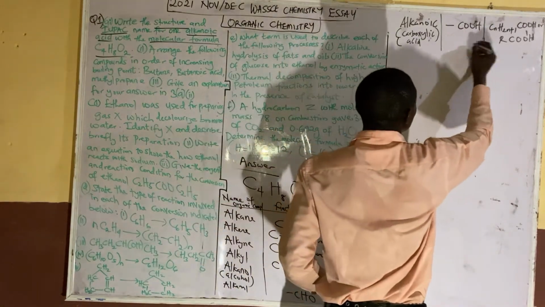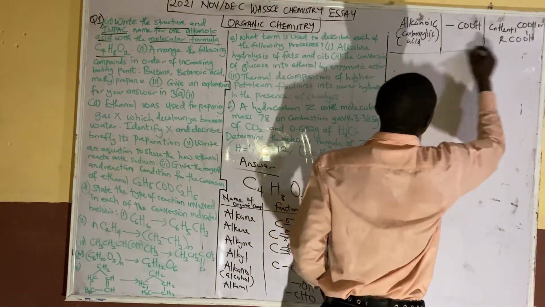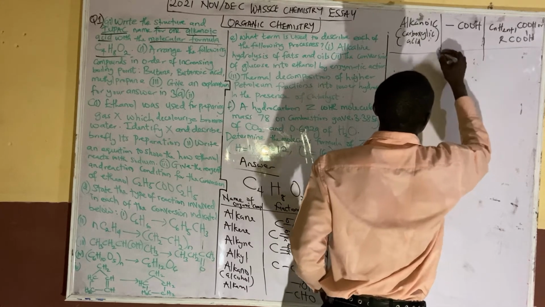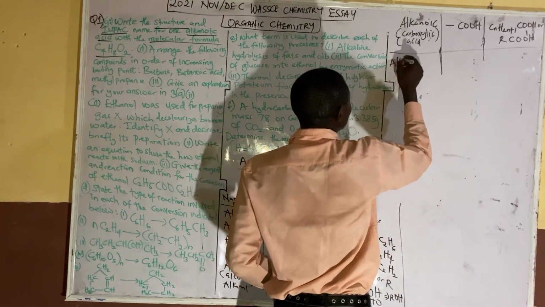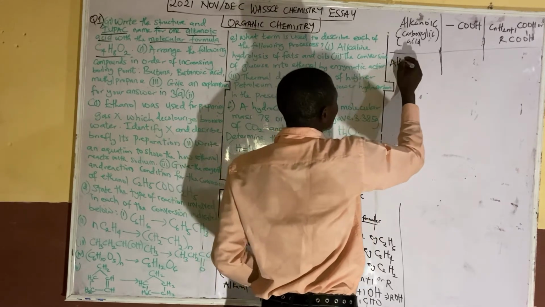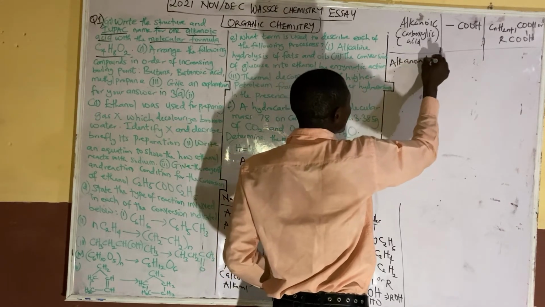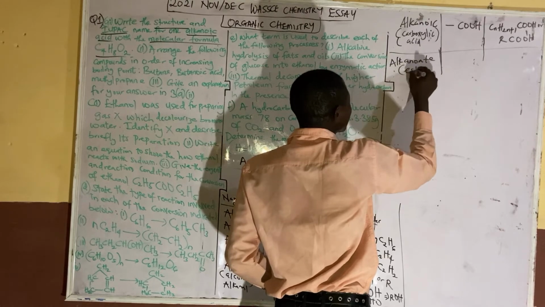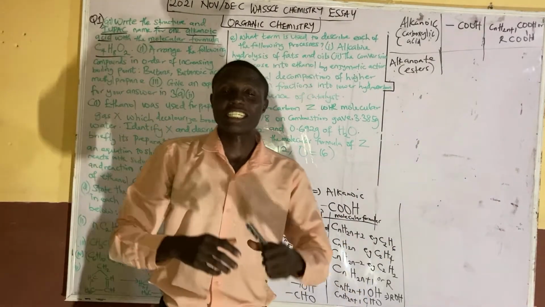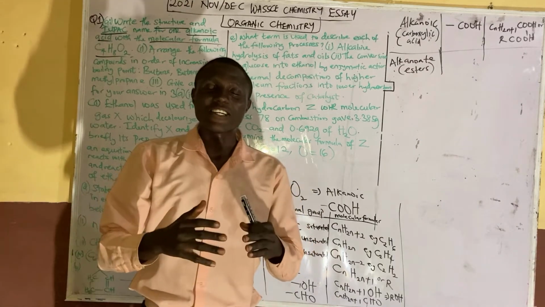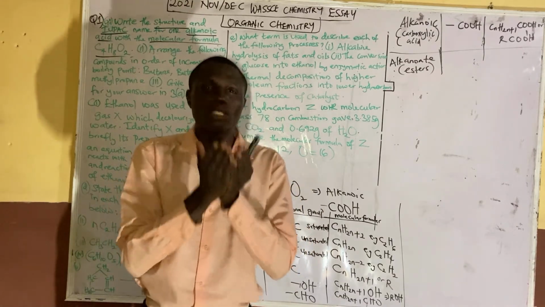So now, another one that we have here is, let me very quickly list everything before I run to the word question. We have alkanoates, also known as the esters group. These are a group of organic compounds. They have a sweet smell.